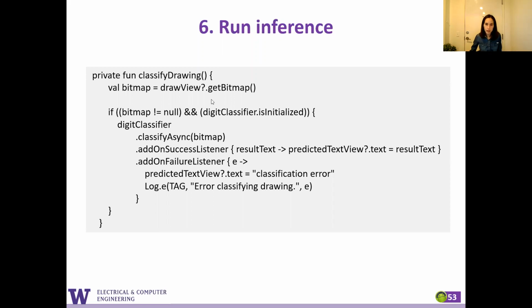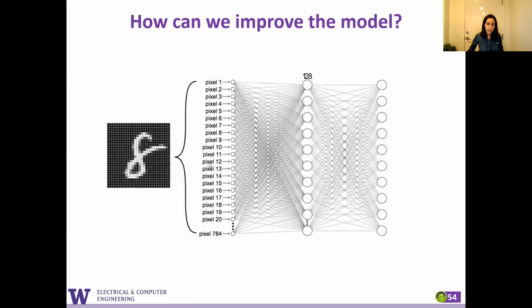But at least you should know that it's possible to run the model in the background of the app. It's basically getting the bitmap from the draw view object, and then calling classify asynchronous with the bitmap. And because it's using a task, it calls the on success and on failure listeners.